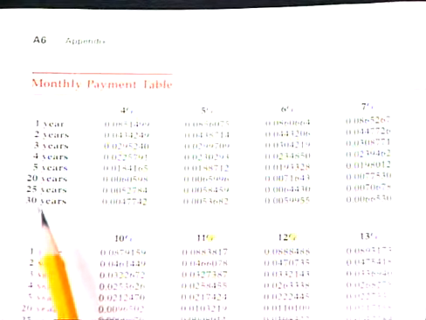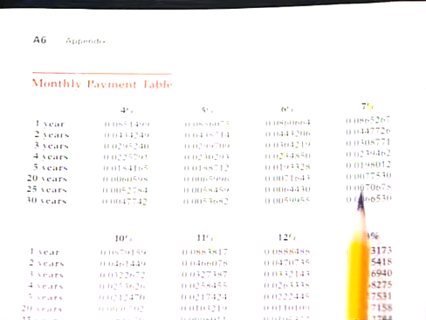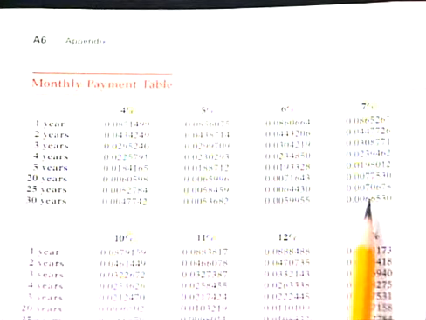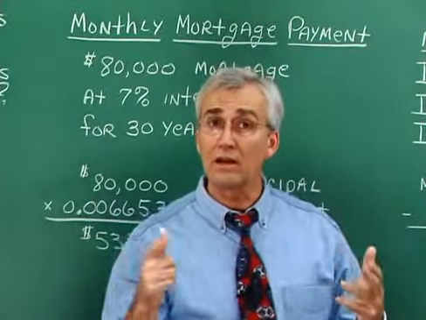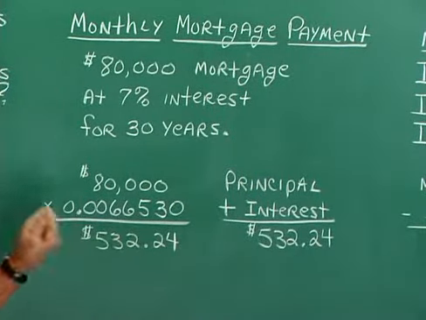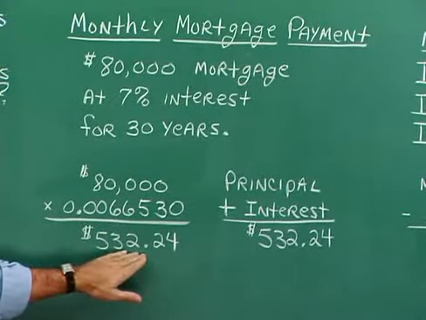What you do is cross-reference the two. You can run horizontally along the row for the term of the loan and cross-reference that with the column associated with the interest rate, and you'll get the number that we have right here, 0.0066530.